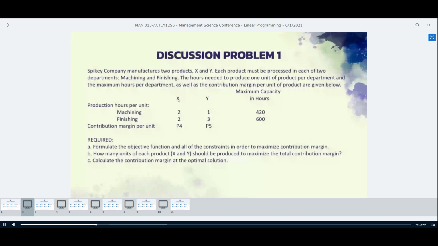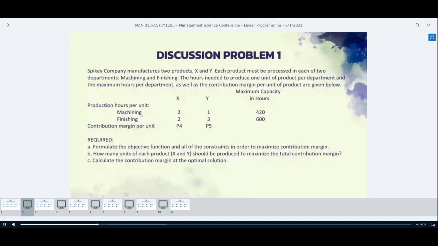Product natin is X and Y. And then also given here are the maximum capacity. So ibig sabihin hindi pala tayo unlimited. So may constraints. So ibig sabihin within machining, ang production hours lang natin is 420. Siguro dahil limited lang din dahil these are machines, no?